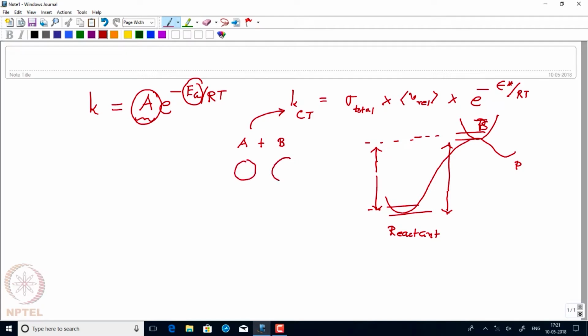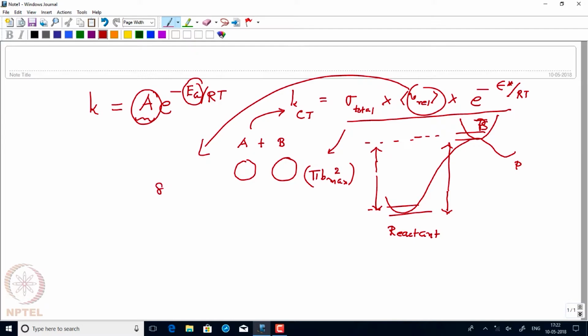Under the hard sphere approximation, remember we got this relationship where sigma total is pi b max squared, where b max is the sum of the radii of the two bodies, and the average relative velocity is 8 kB T by pi mu, raised to the power half, where since it's a relative velocity we replace m by mu. Now, we should get back this expression if we use the transition state theory and apply the condition of hard spheres. Now, let us proceed.